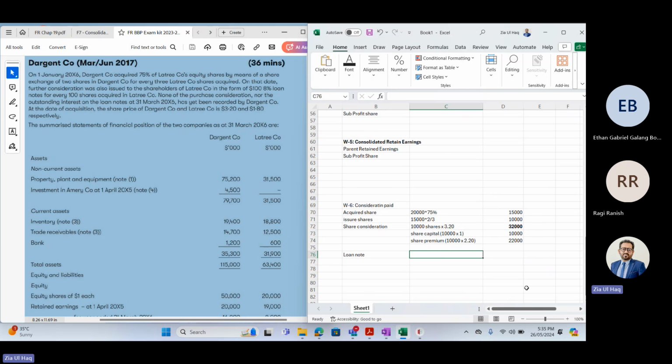So we issued 15,000 shares, and they are providing against 100 each. 100 means the consideration will be 15,000, same. So total consideration 32,000 plus 15,000 is 47,000.